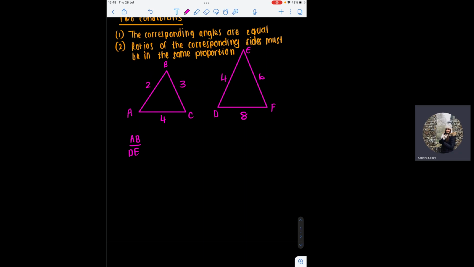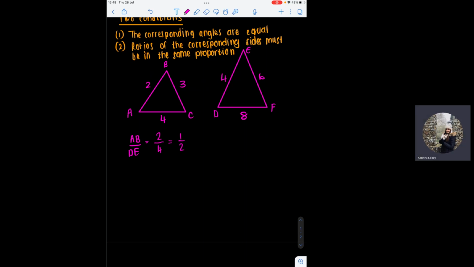So if I look at the ratio of AB and DE, AB is 2 and DE is 4. That's what I gave you. So that is a half, which makes sense because the smaller triangle is half the size of the bigger one.